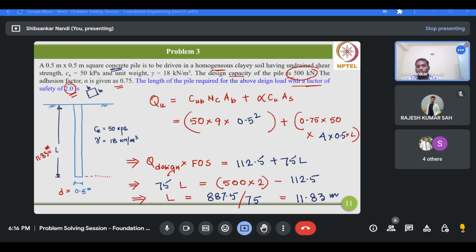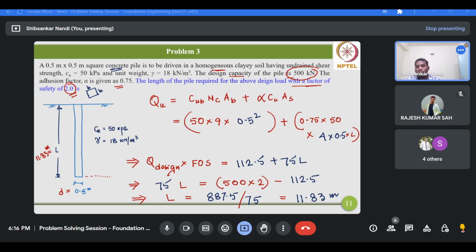Okay, so there are two important considerations you have to follow while you use this equation for calculating the ultimate or safe load carrying capacity of an underreamed pile in clay.